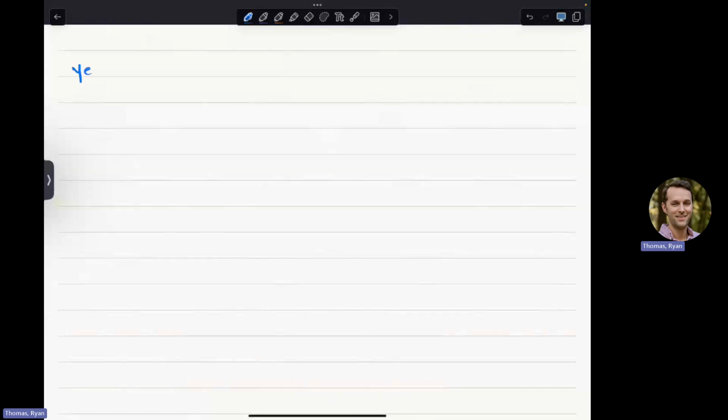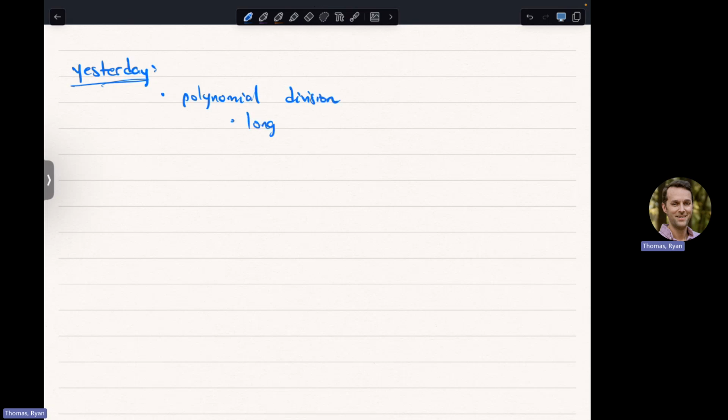Talking about polynomial division. So yesterday we looked at the actual division algorithms, long division or synthetic division.